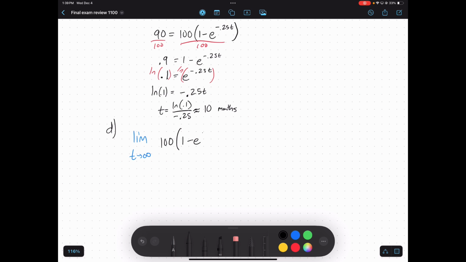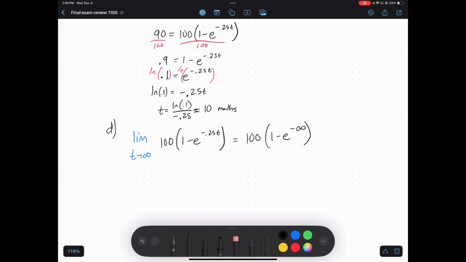Let's see, e to the negative 0.25t. Well, if we let t get infinitely large, what's happening to this exponent? This exponent is becoming infinitely negative. So I end up with this. Everybody okay with that? Even if I'm multiplying it by 0.25, a quarter of infinity is still infinity.